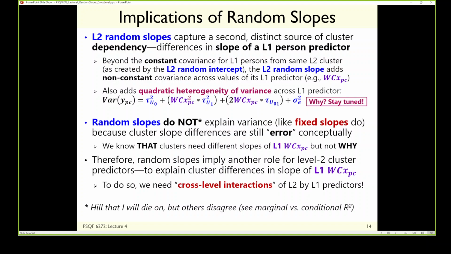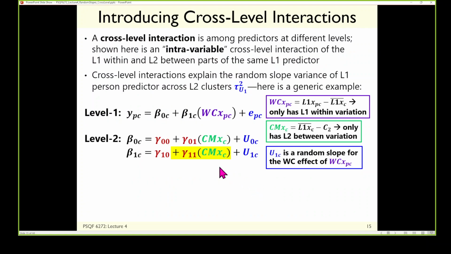So not just main effects, which are in charge of mean differences, but now potentially slope differences between clusters as well. Two different things. And what accounts for slope differences are our friends, cross-level interactions, another new concept. So now we're adding to the beta 1 row here, and I'm using the same variable that is used in the beta 0 row.